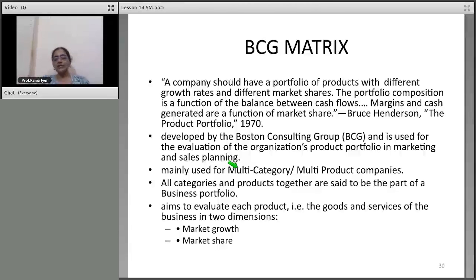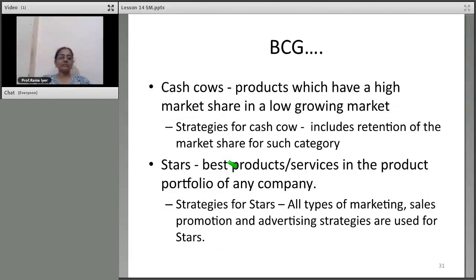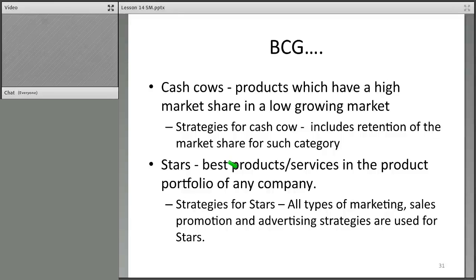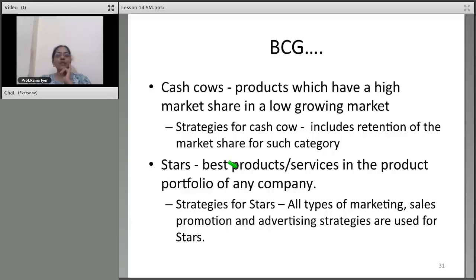Now see, it becomes very interesting from here on. Cash cows. Cash cows means what? There is a star, there is a... Then you have a star, then you have a question mark, and you have a dog.